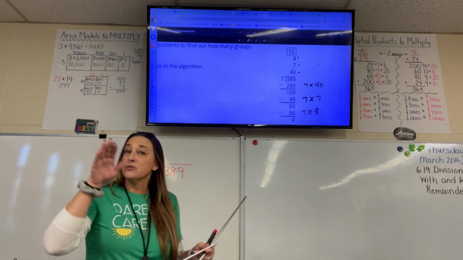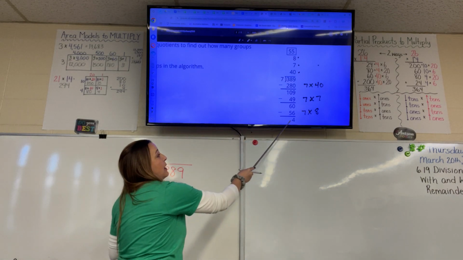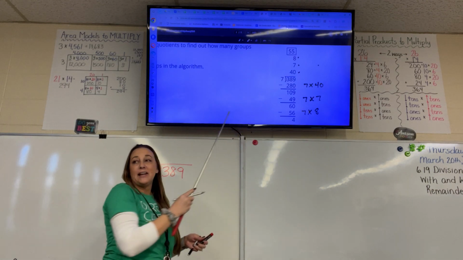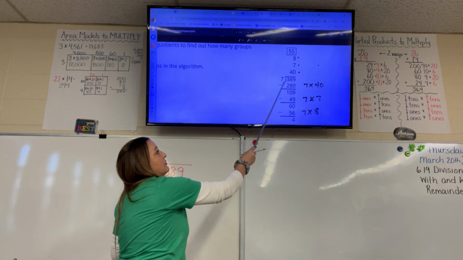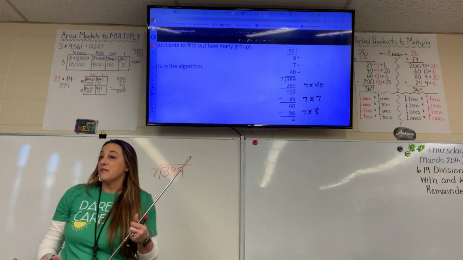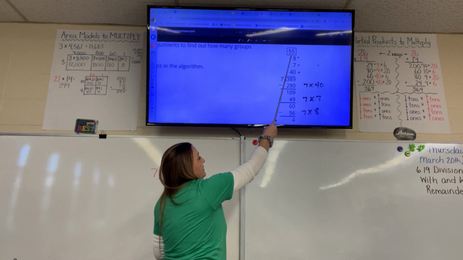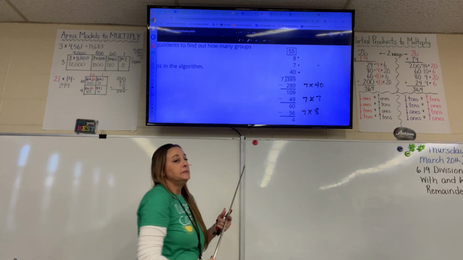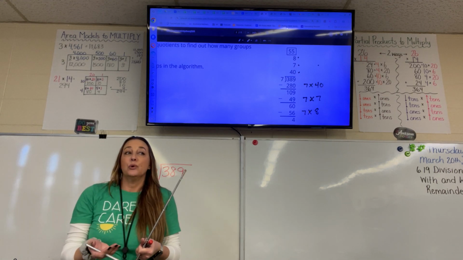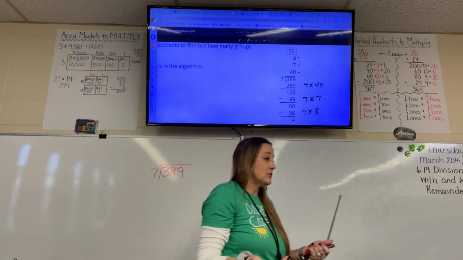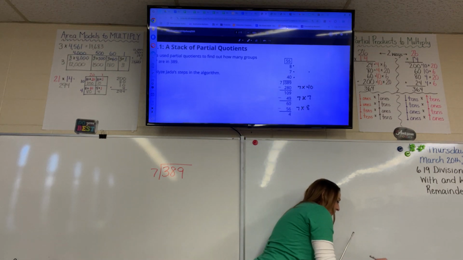You either get down to 0 or you get to a number that's smaller than what you're dividing by. So if I'm splitting out 389 marbles to 7 students, and I give each one 55, and I have 4 left, I can't give out the last 4 because then they wouldn't have equal amounts, right? So here we go.